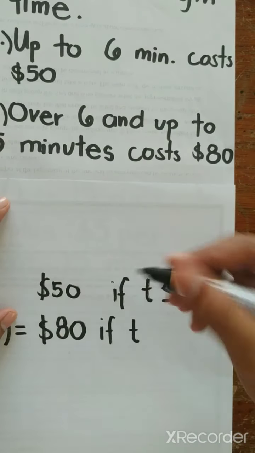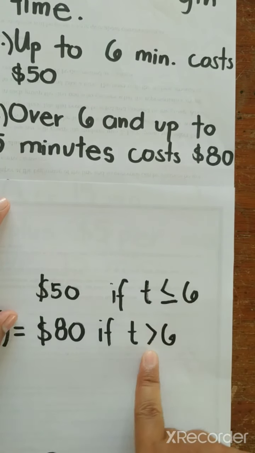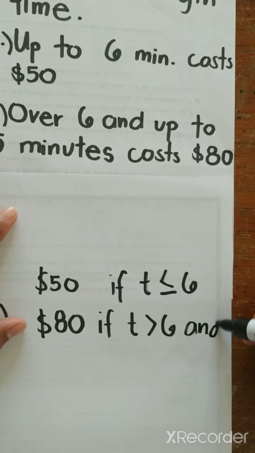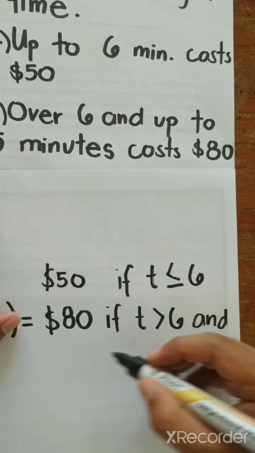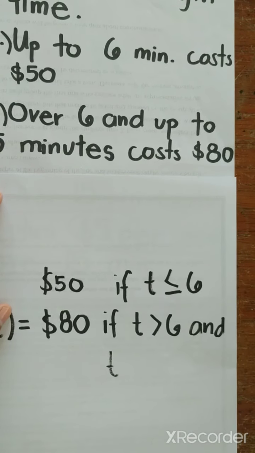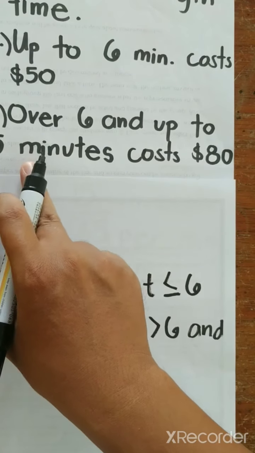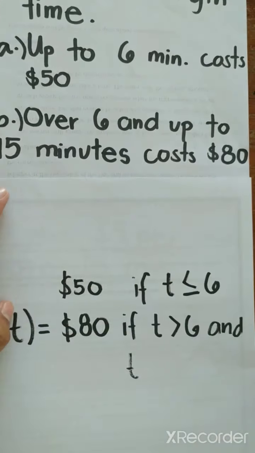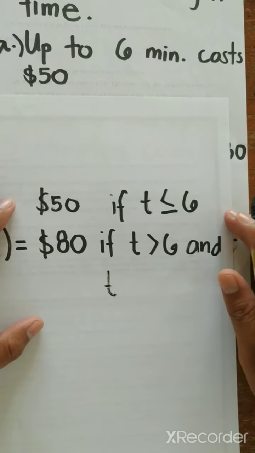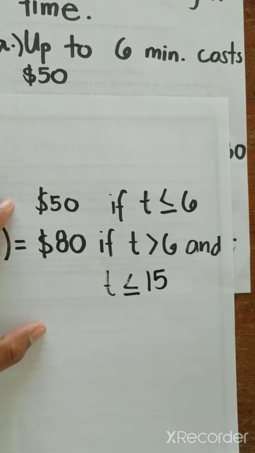So if time is over 6, denoted by the greater than sign, and we'll have an 'and' up to 15 minutes. When we say up to 15 minutes, it could be 14, it could also be 15, right? But it should not be 16 minutes, 17 minutes, and so on and so forth, because it says up to 15 minutes only. So here, if our time is less than or equal to 15 minutes.